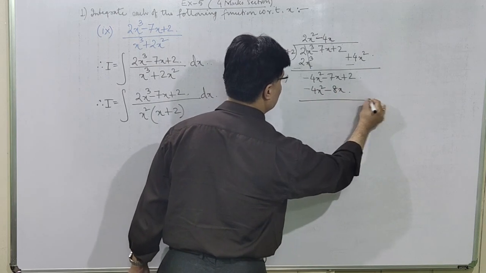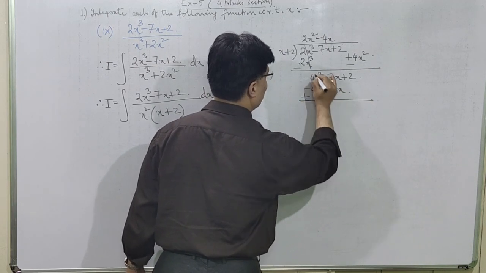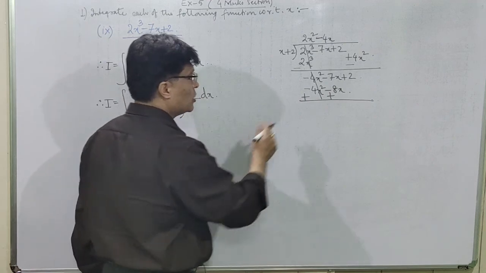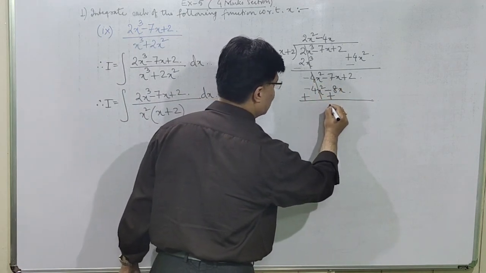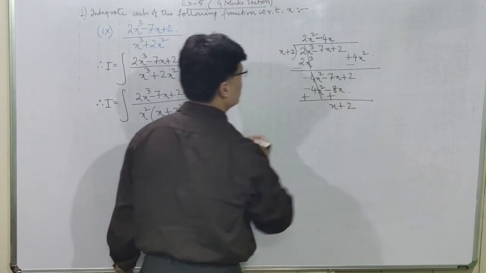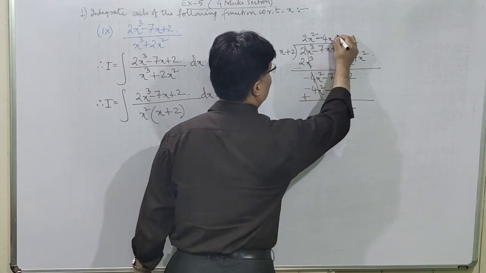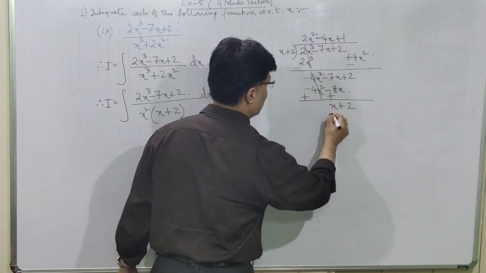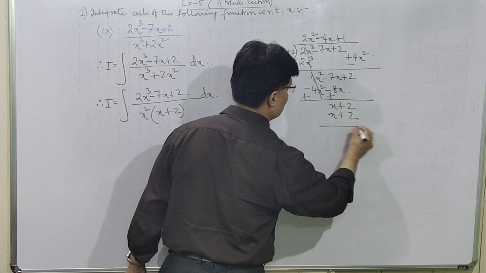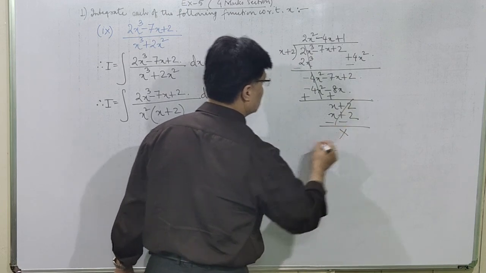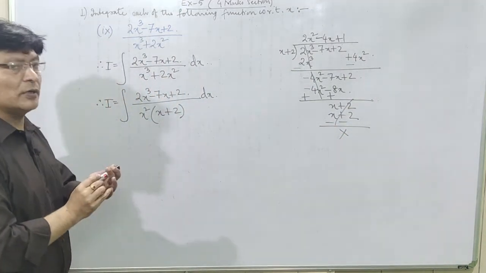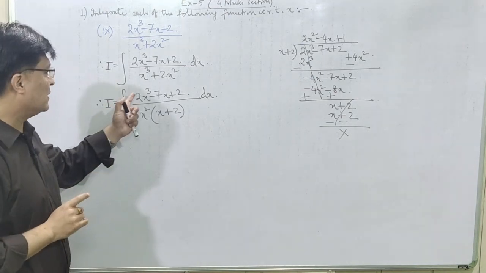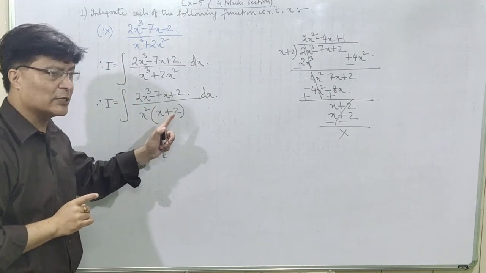Okay, now change the sign, this is plus, this will be cancelled. So what is minus 7x plus 8x? It is x plus 2. Then plus 1. So 1 into x is x, plus 2 ones are 2. Change the sign. So this is cross. So now we have divided this numerator by the denominator, that is x plus 2.